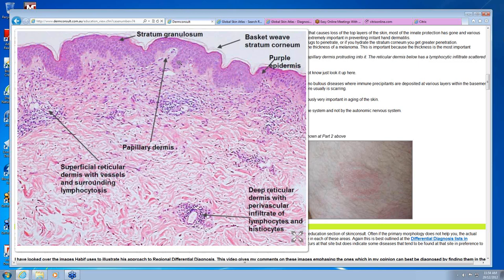The dermal ridges, the dermal papillae here, and the epidermal rete ridges here. The rete ridges come down, the dermal papillae stick up. You'll come across the importance of the dermal papillae because of its blood supply.